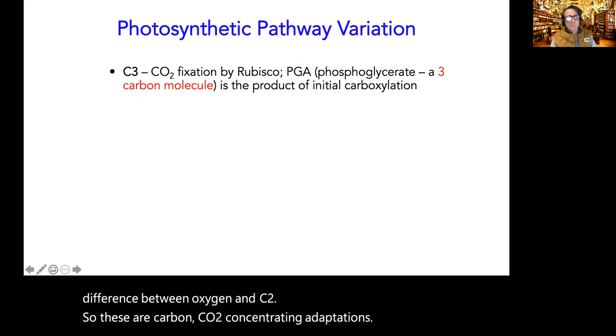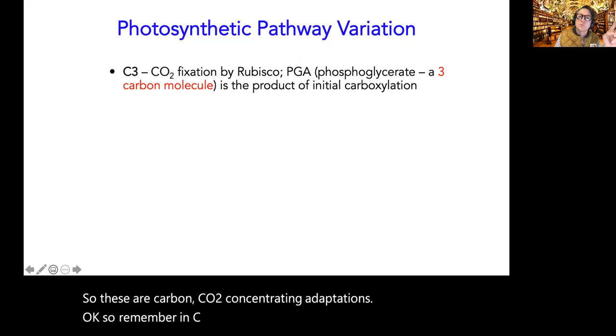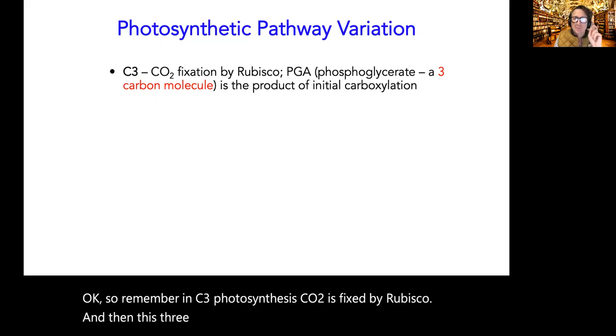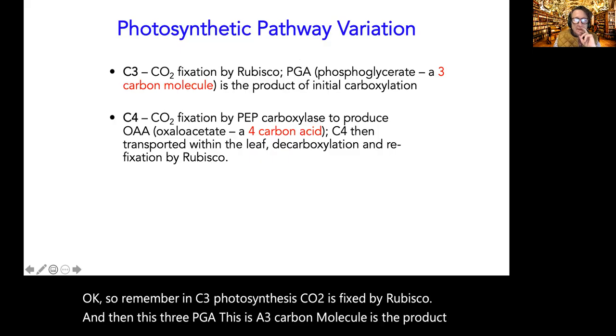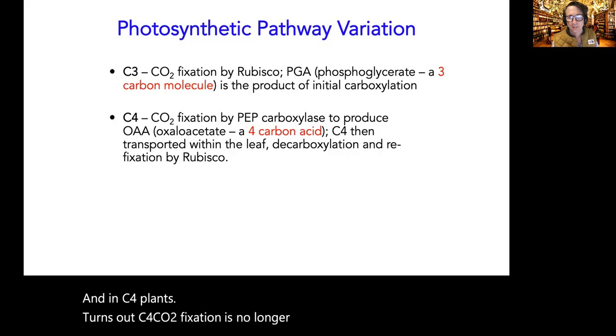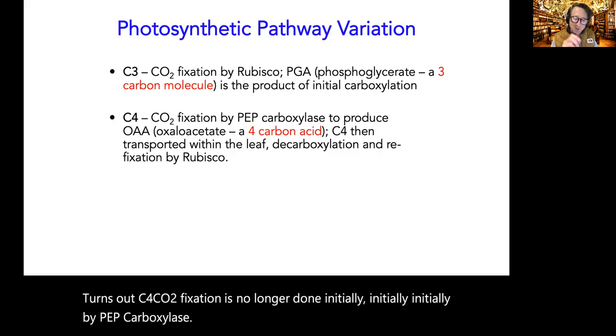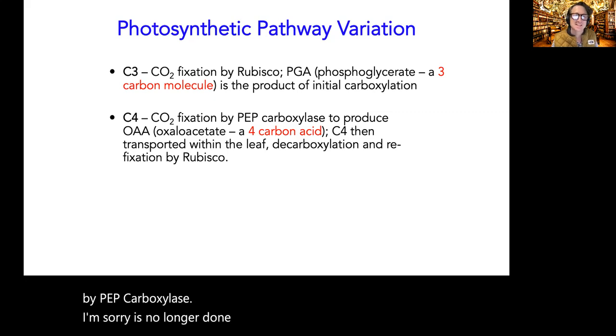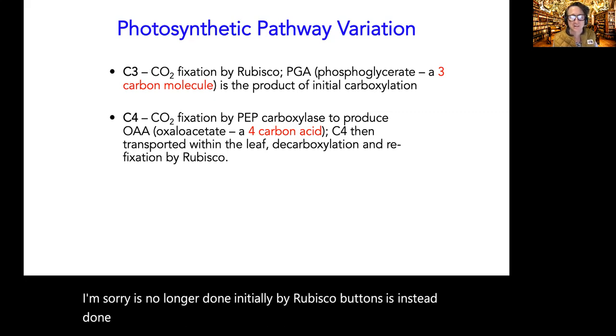Okay, so remember in C3 photosynthesis, CO2 is fixed by Rubisco, and then this 3-PGA, a 3-carbon molecule, is the product of initial carboxylation. In C4 plants, CO2 fixation is no longer done initially by Rubisco, but is instead done initially by PEP carboxylase.